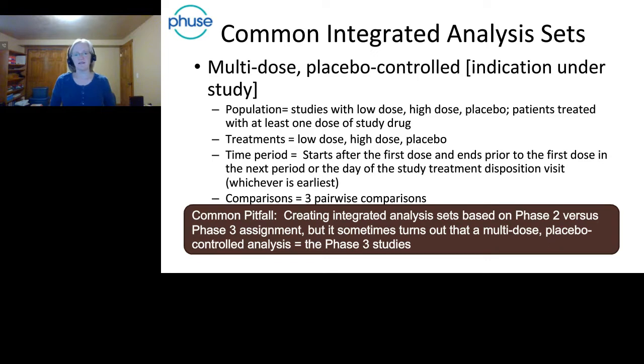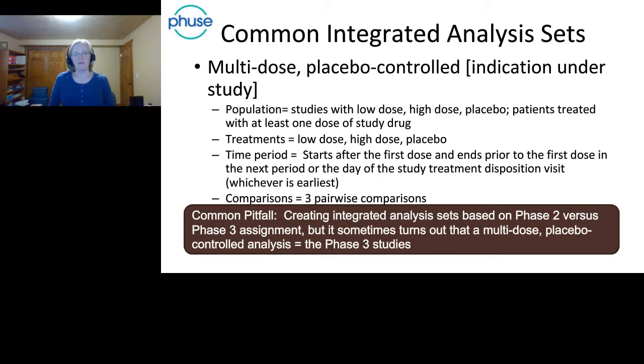So take all studies that have the low dose, high dose, and placebo, and the population might be patients treated with at least one dose of study drug. You have your three treatment arms, you define a time period, and then you compare all three treatments. This could be a very common integrated analysis set.